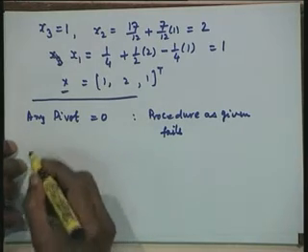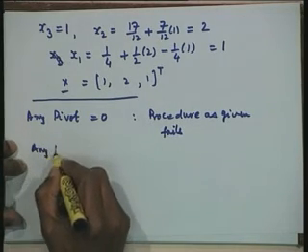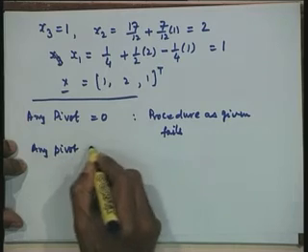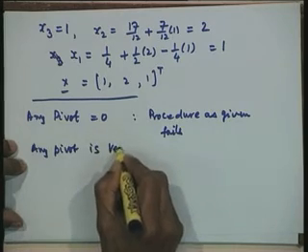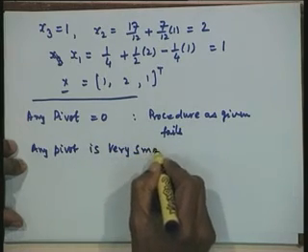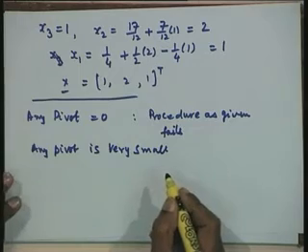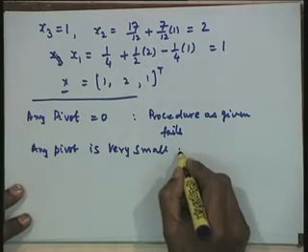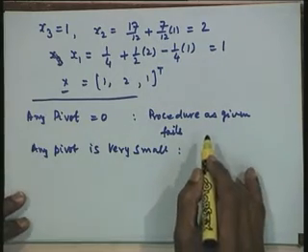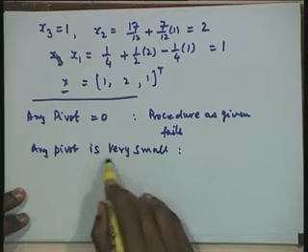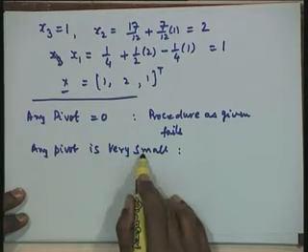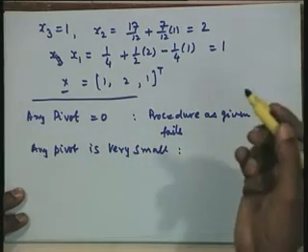Not only that, if any pivot is very small, then also we will be having serious difficulties in the solution, because when you are dividing by a very small number, that means we are multiplying by a very large number.